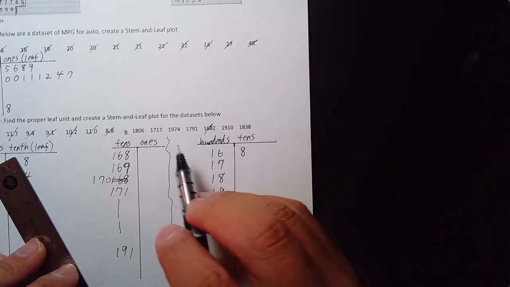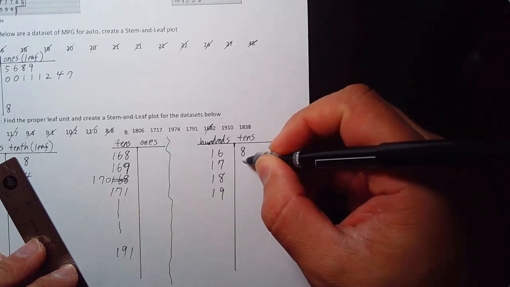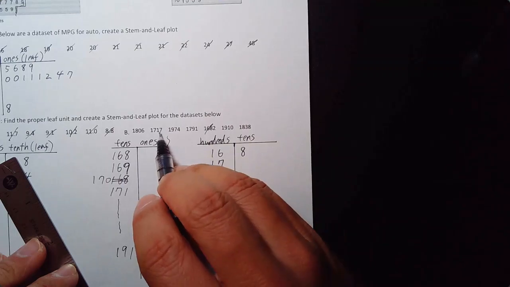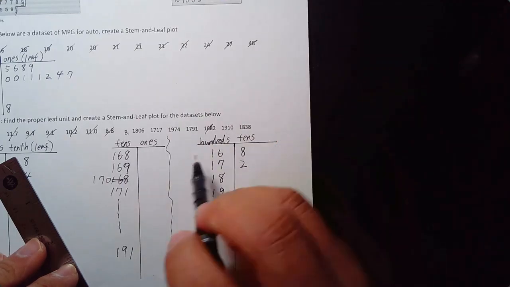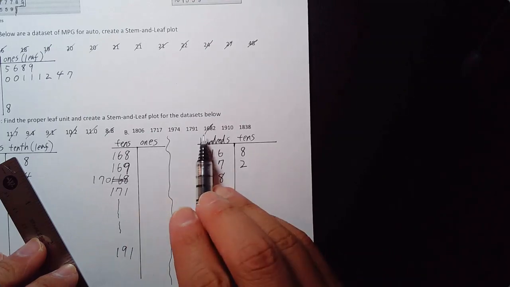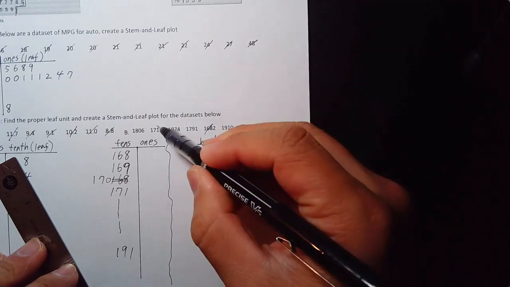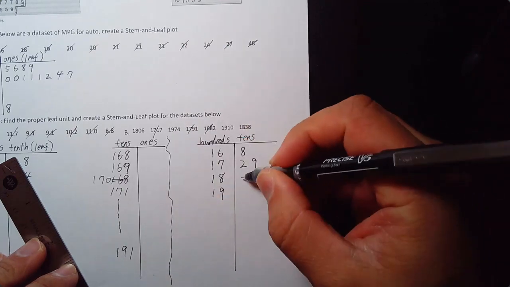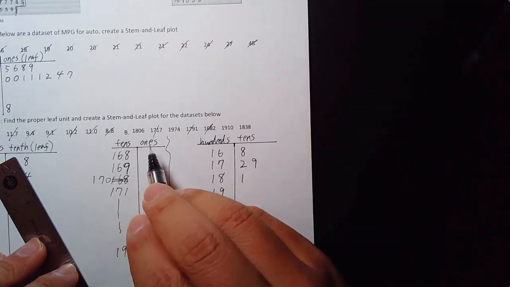Now the 1700s, I have a 1717, so that is a 1. Now you can write that as a 2. We can go ahead and round up. That's going to be 2, right? And then 17.9, so that would be a 9 there. Cross that out. In the 18s, we can round up to a 1. And then a 4.